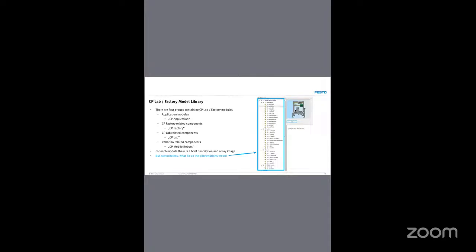So the Ciros library is divided into four main sections. One is CP application, and the second one is CP factory.